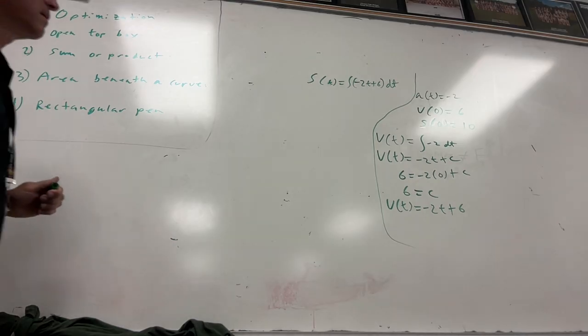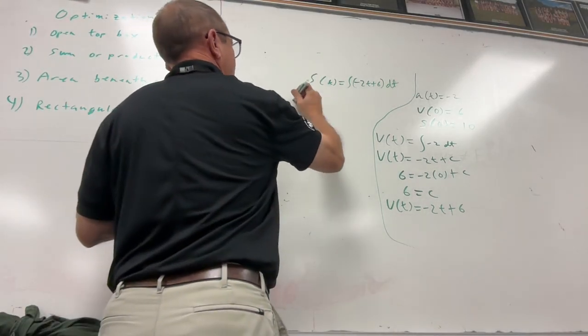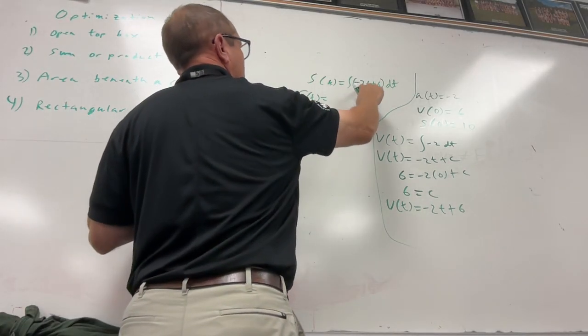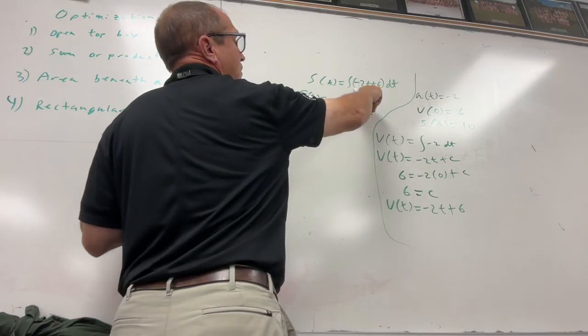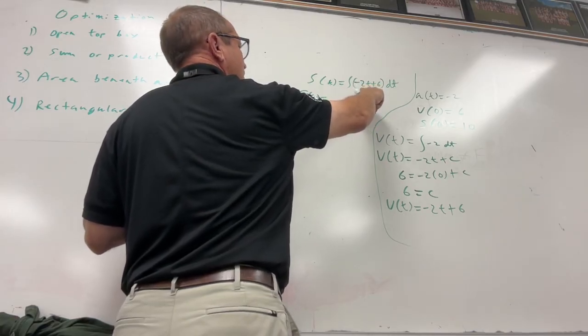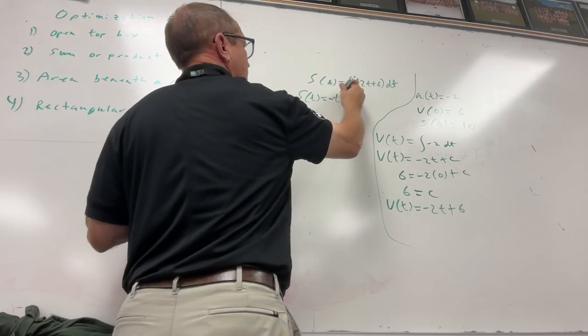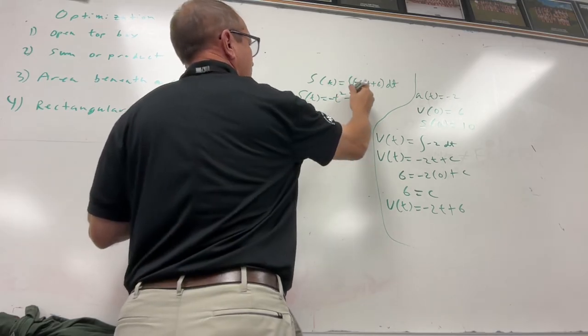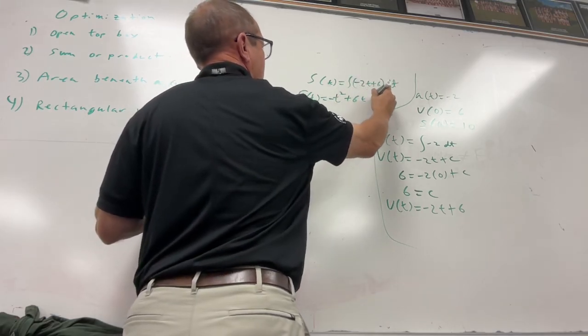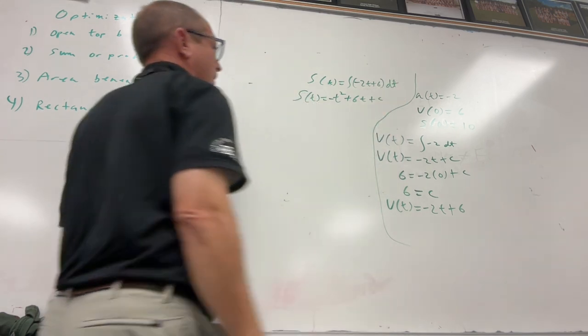All right. So S of t is going to equal negative t squared plus 6t plus c.